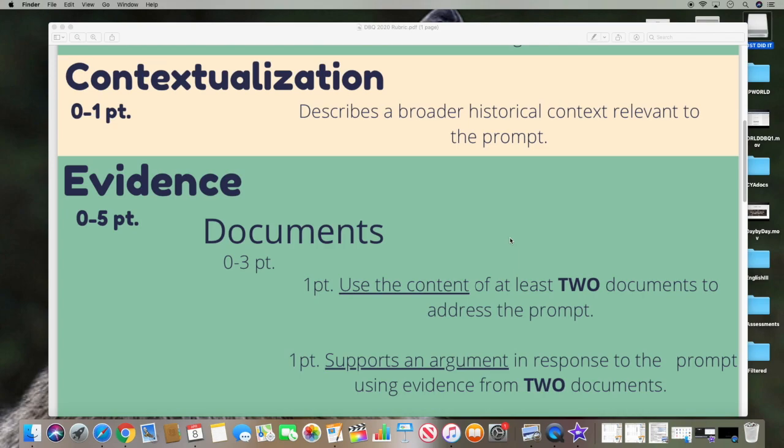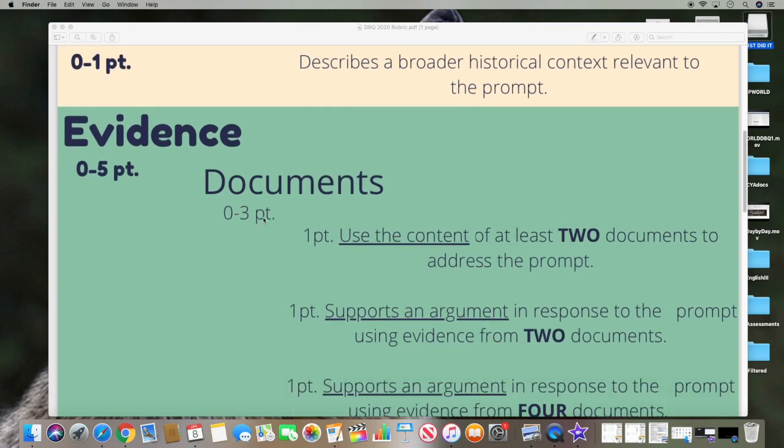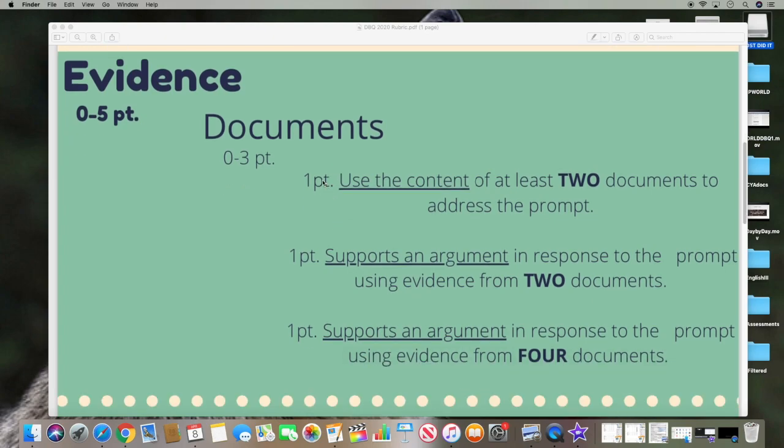Then evidence, a total of 3 points. Now all of these will add up, so 1 point, 2 points, 3 points. So if you use the content prompt, you get 1 point. Good for you. If you support your argument in response to the prompt using evidence from 2 documents, you get 2 points.